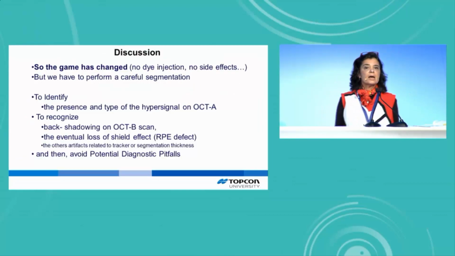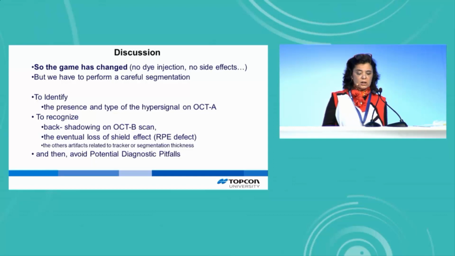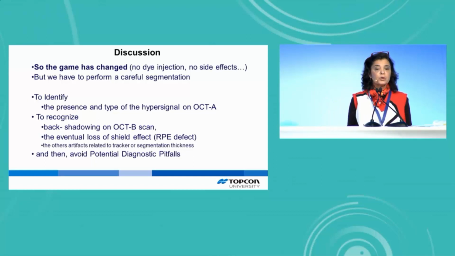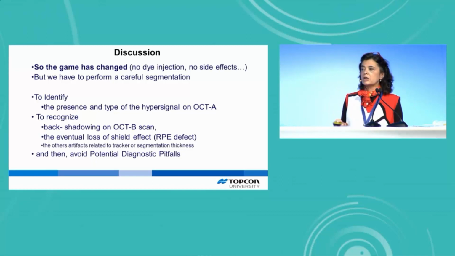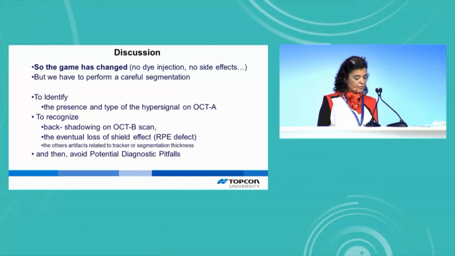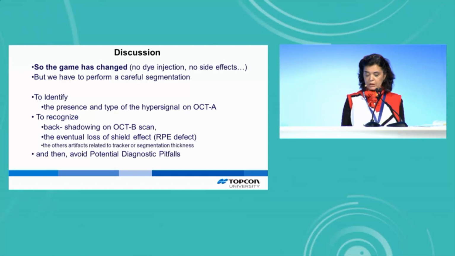So, the game has changed. No dye injection, no side effect. But we have to perform a careful segmentation to identify the presence and the type of hypersignal on OCT-A and to recognize all artifacts and then avoid potential diagnostic pitfalls.